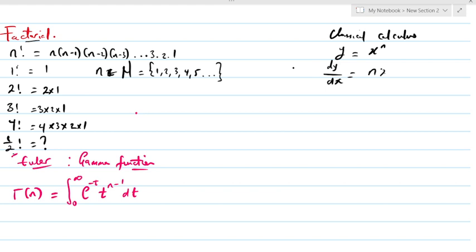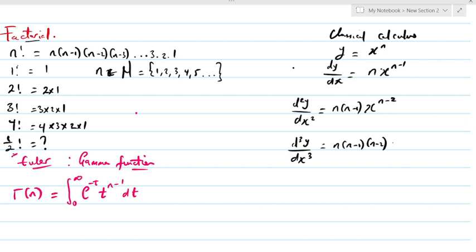Yes, n x to the n minus 1, right? So if we find the second derivative, we have n times n minus 1 times x to the n minus what? 2. Brilliant. So what if we have the third derivative? That will be n times n minus 1 times n minus 2 and what? Yes, x to the n minus 3.